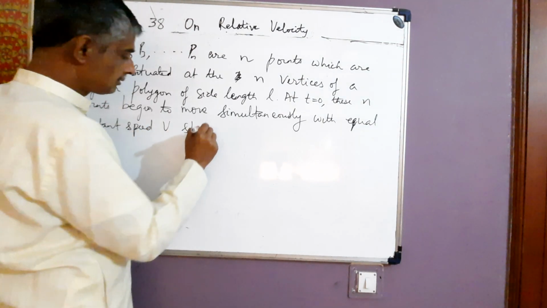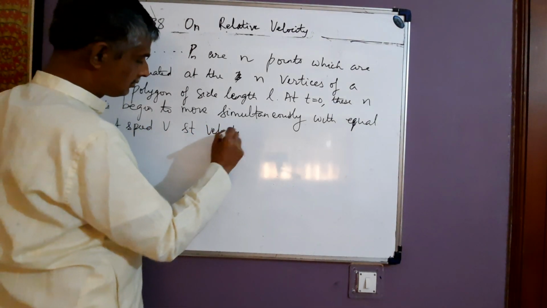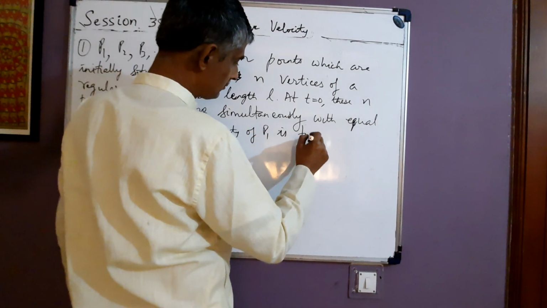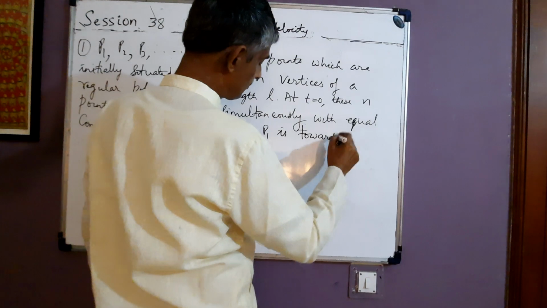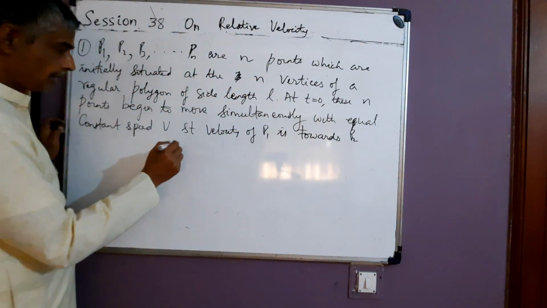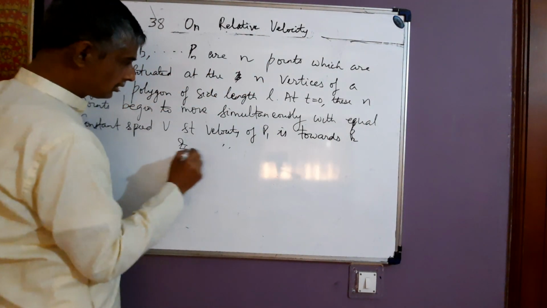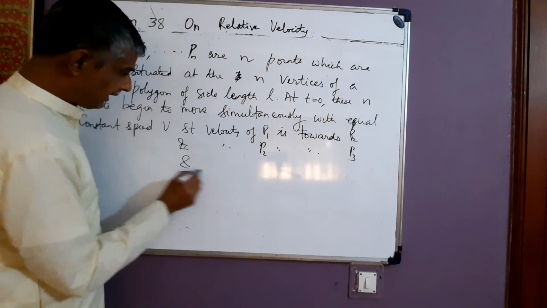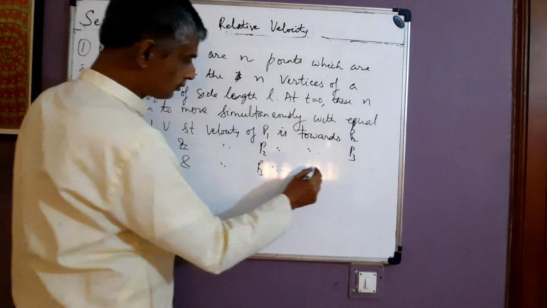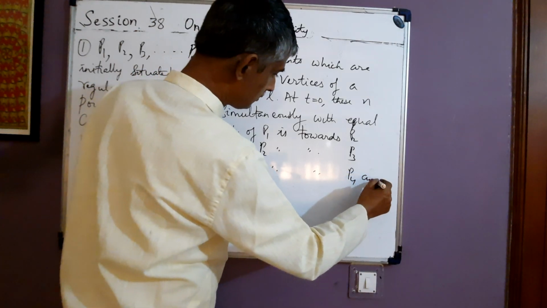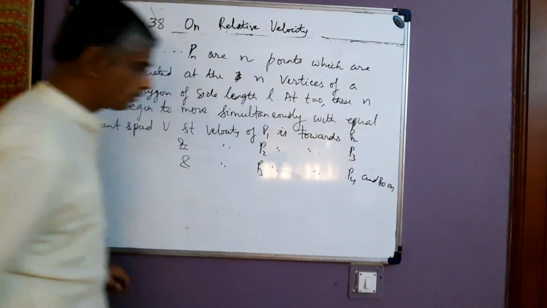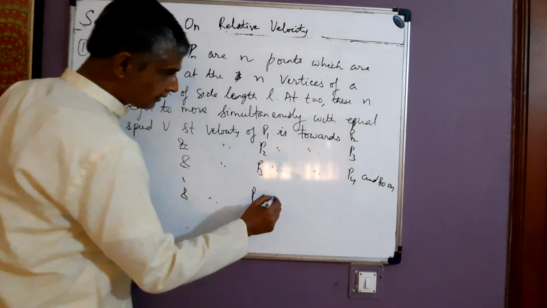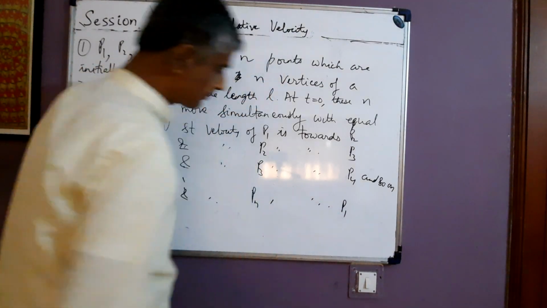Such that velocity of P1 is towards P2, and velocity of P2 is towards P3, and velocity of P3 is towards P4, and so on, and velocity of Pn is directed towards P1.